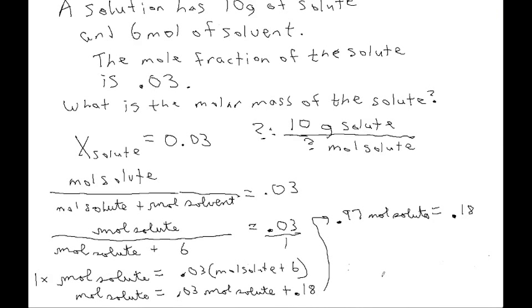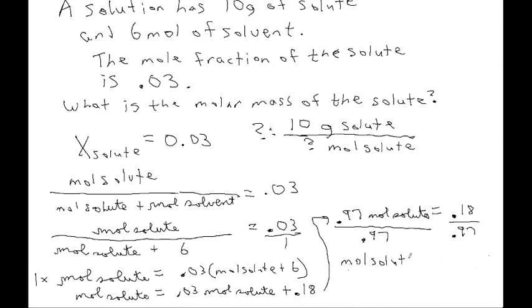Oh, we have to take, it's the opposite, 0.18 divided by 0.97. Good, because algebraically, what do we have to do to both sides? We have to divide by 0.97 to get the moles of solute. Right. It sounds like you might have done that step in your head instead of writing it down. The algebra here is a little tricky, so it's important to write every step down.